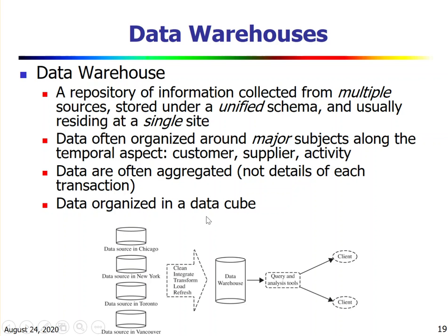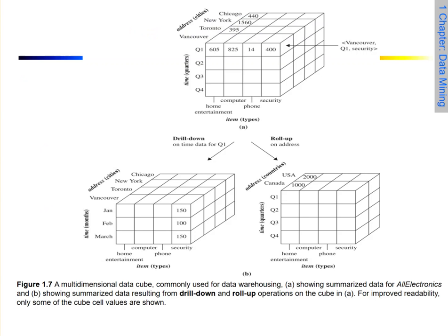The data is organized into a data cube. There are different numbers of data cubes. One example is shown here. So here, the top one, you can see this as one data cube. This data cube has multiple dimensions. It has time dimension, item type dimension, and address dimension.